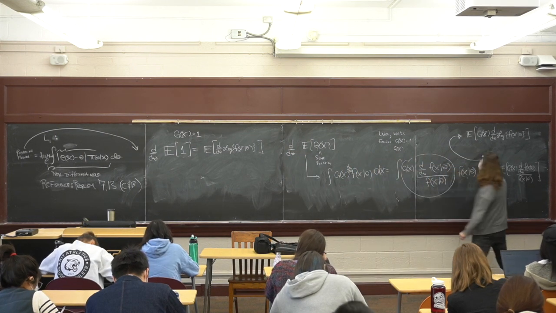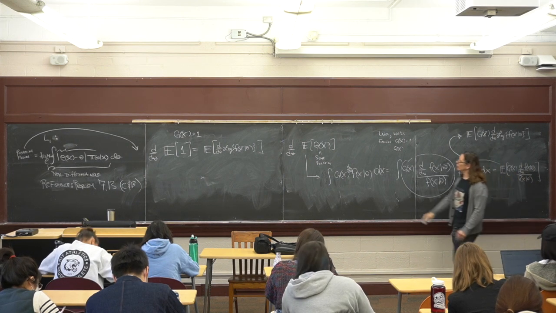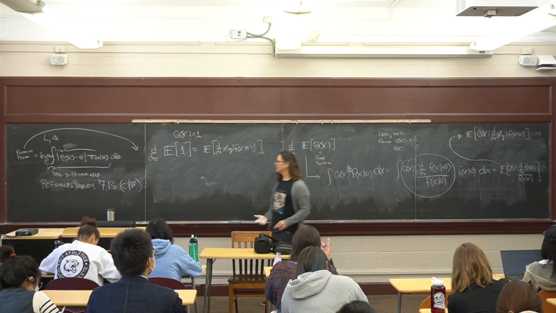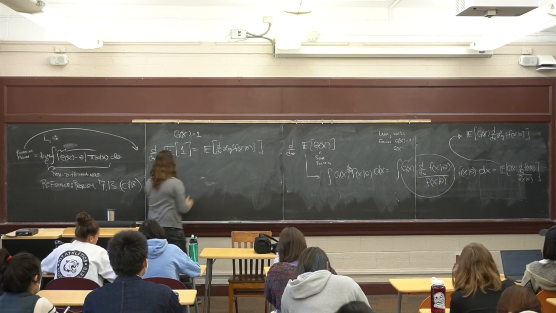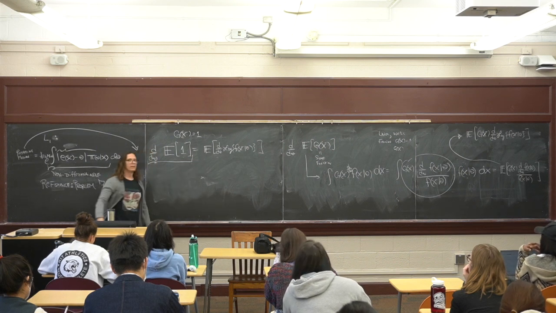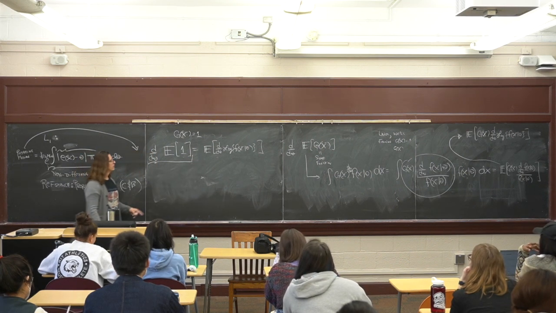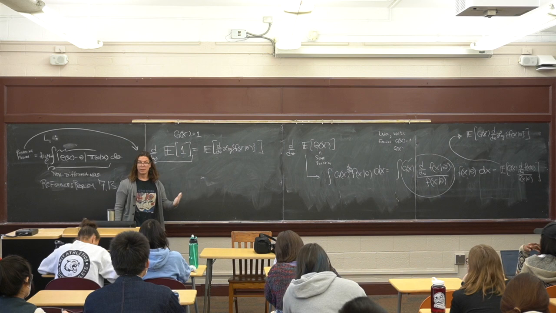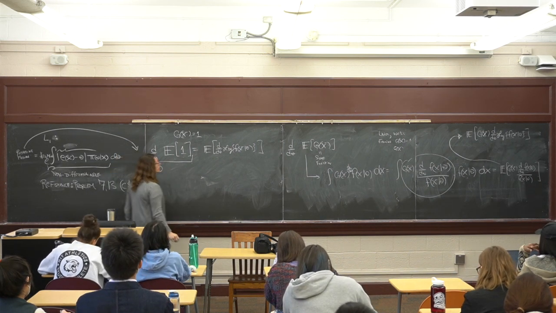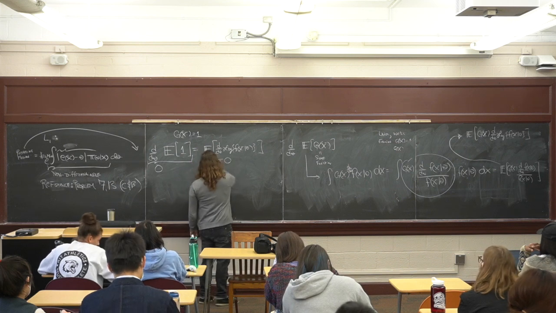I just plugged in a 1 here, and I went over here and plugged in a 1 right there. Left-hand side is equal to the right-hand side. Somebody help me out. What is this? 0. Expected value of 1 is 1. Derivative of 1 is 0. So all we've said is this is 0.